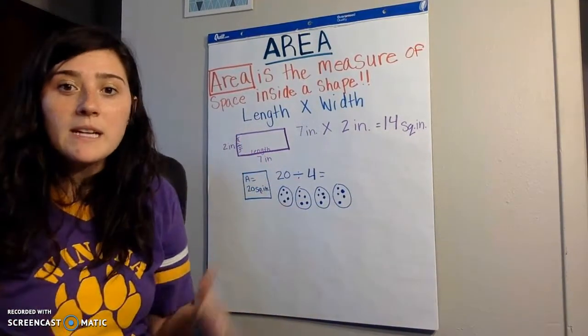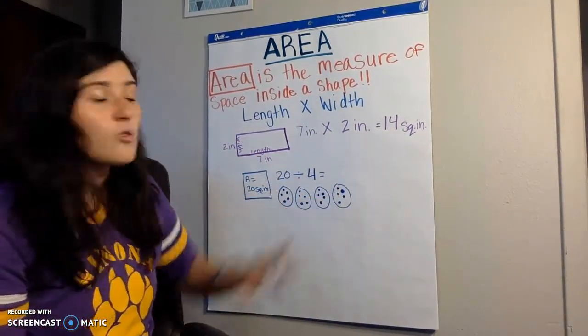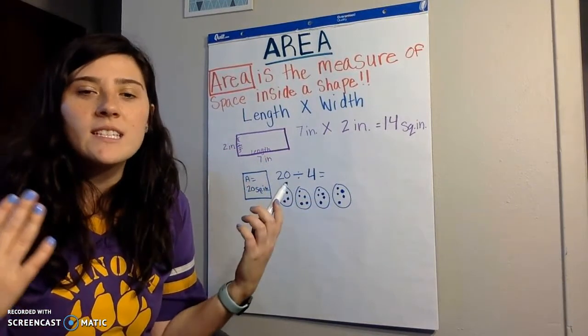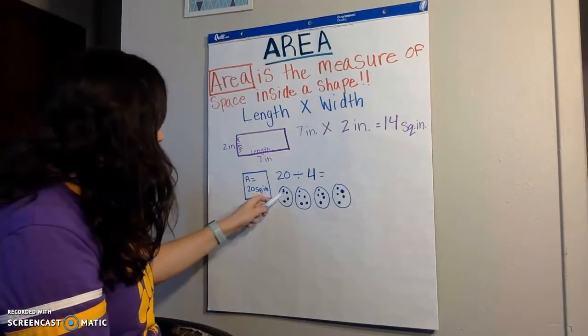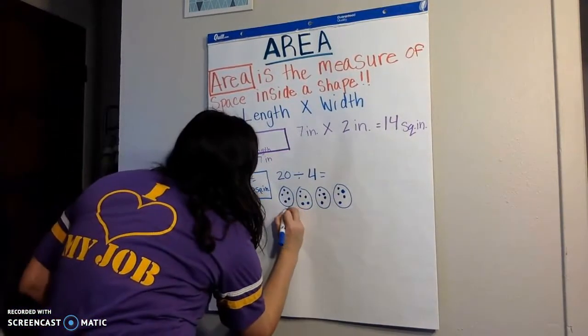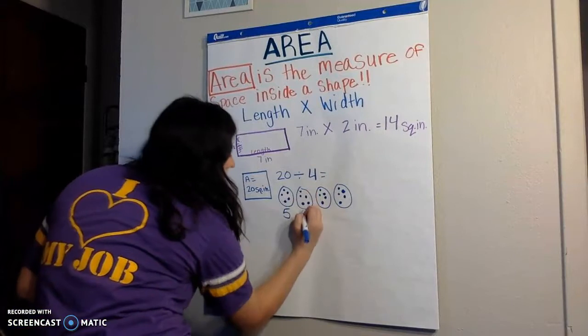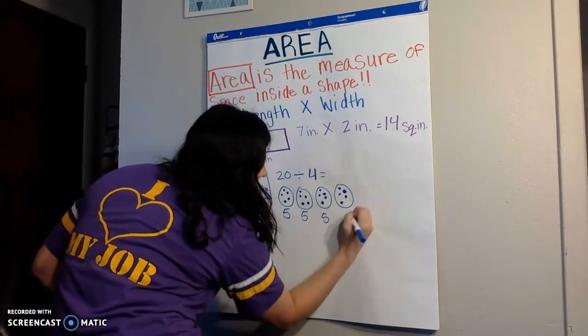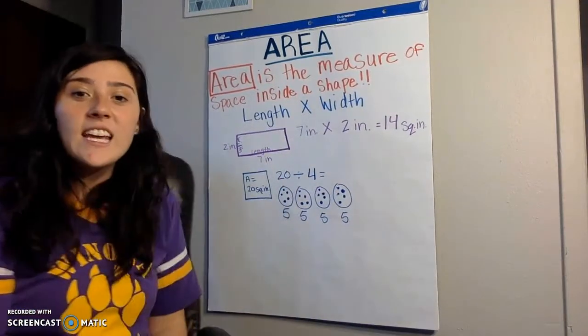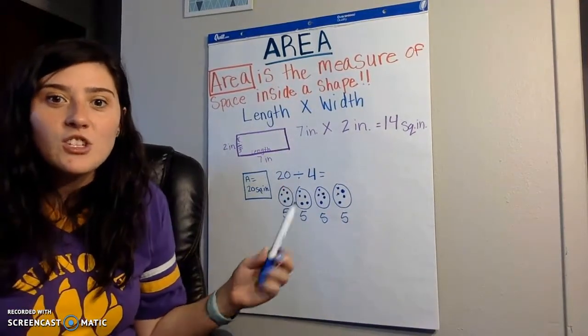Okay, I ran out of all my dots and I gave each group 1 at a time. Now let's count to see if we have an equal number in each group. I have 5 in this one, 5, 5, and 5. So I have an equal number in each group.